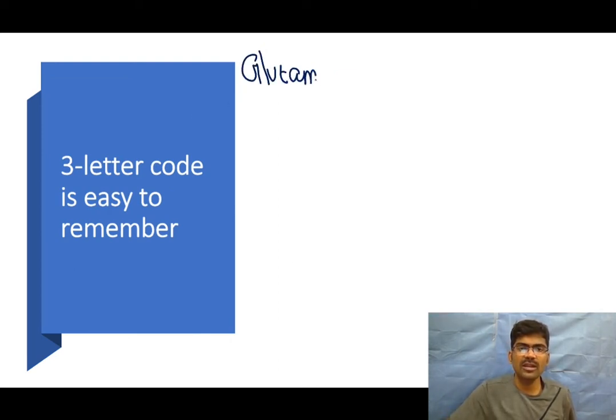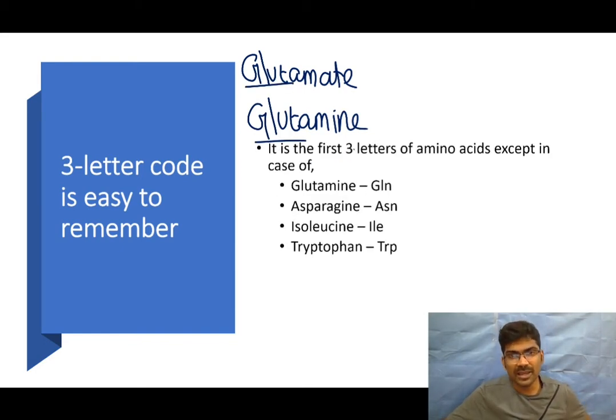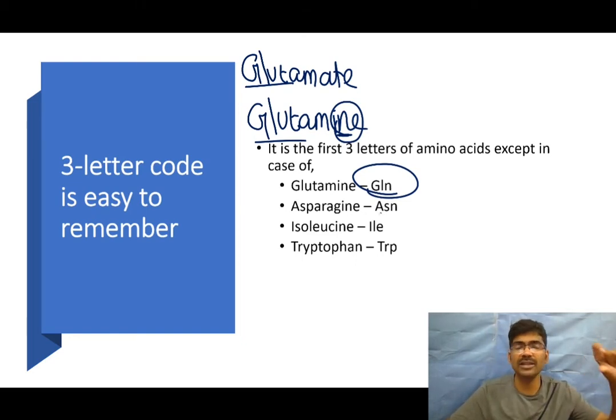Glutamate and glutamine. Look at this. Both of them have the same three letters. So it's very simple: for glutamine, they added this N to indicate the glutamine. Same thing they have done for asparagine also, because aspartate and asparagine have the same first three letters.